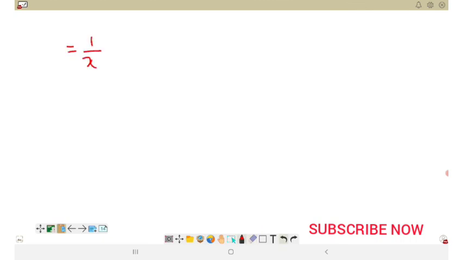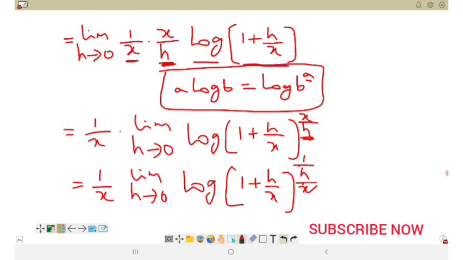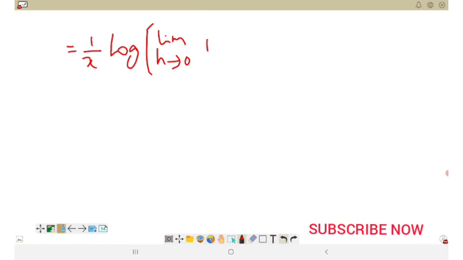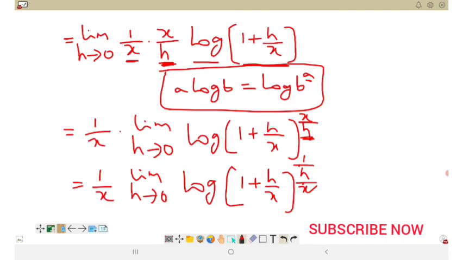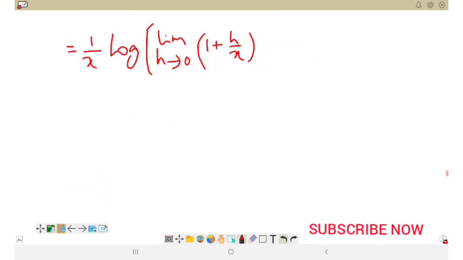So 1 by x, log of limit h tends to 0, (1 plus h by x) whole power 1 by (h by x).